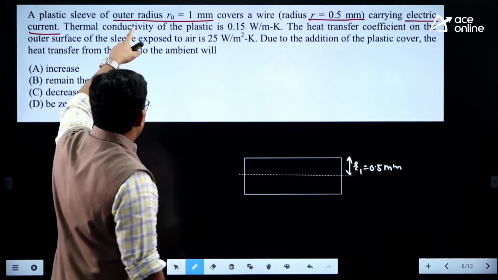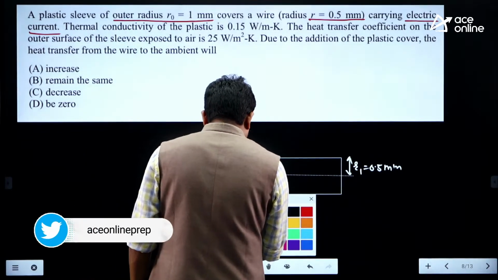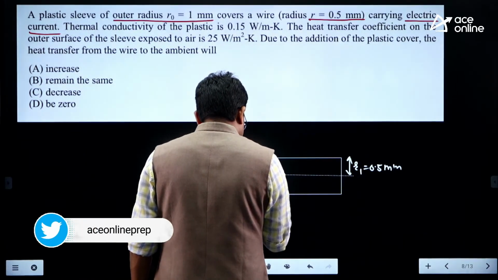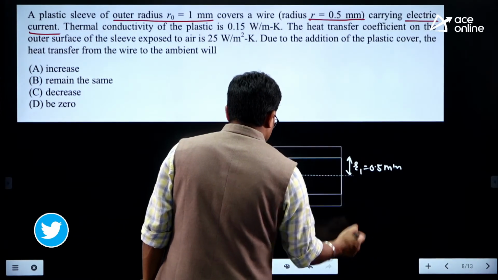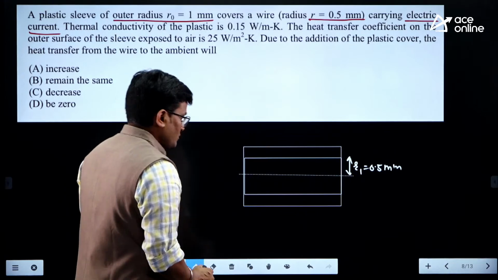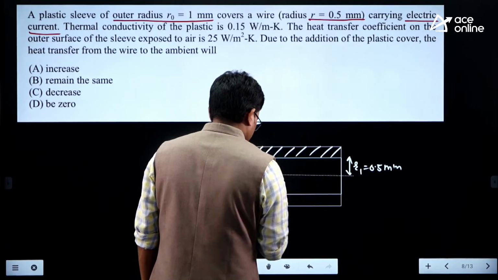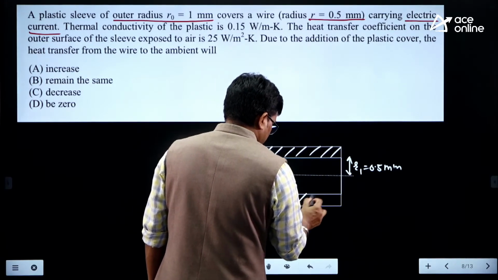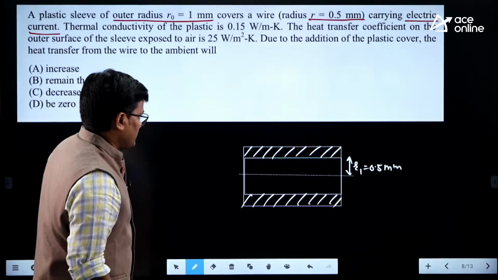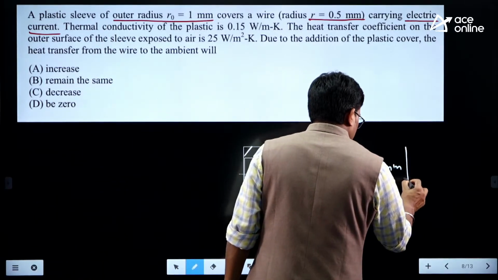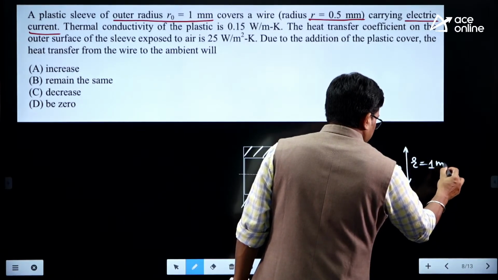Around that there is a plastic sleeve. Hope you get it. So this is the plastic sleeve. What is the outer radius? This is R, that is 1 mm.